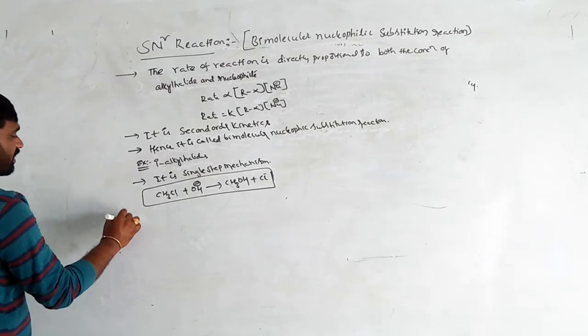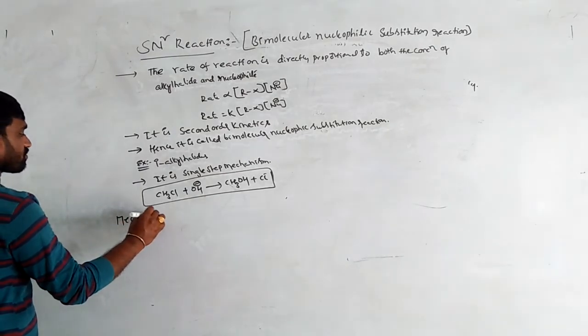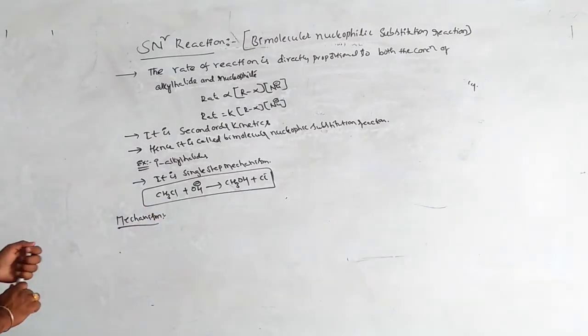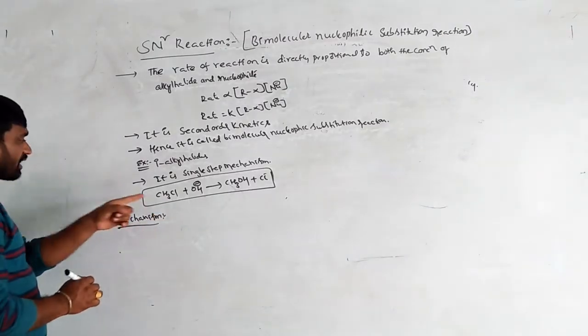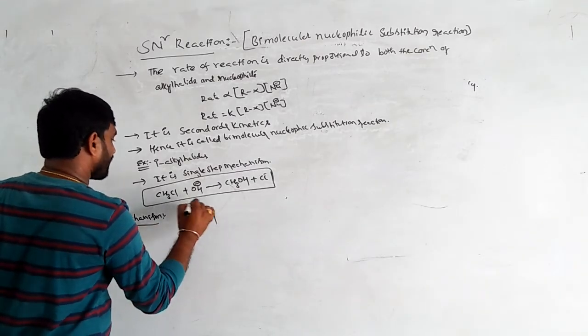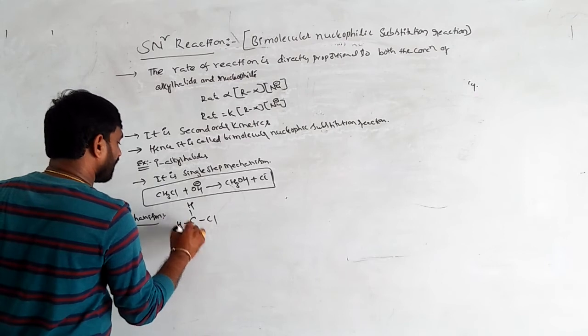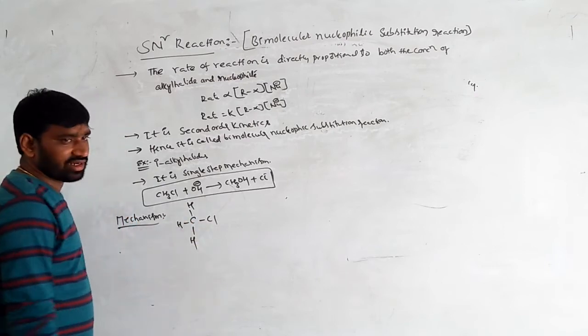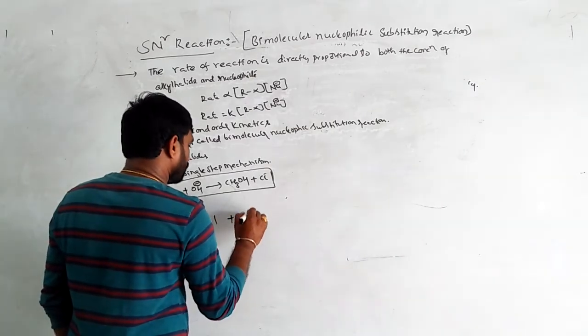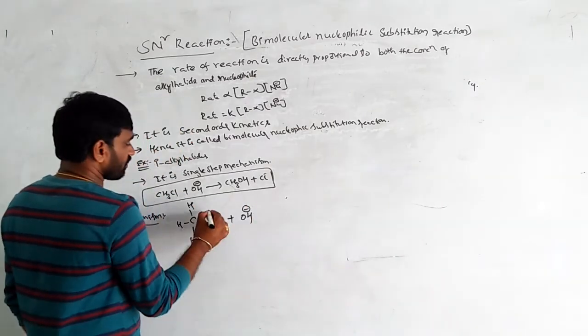So I will explain the mechanism. Primary alkyl halide means the halogen is attached to a primary carbon. This is known as a primary alkyl halide, methyl chloride CH3Cl, and the nucleophile is OH minus.